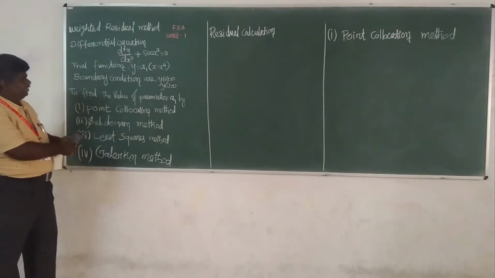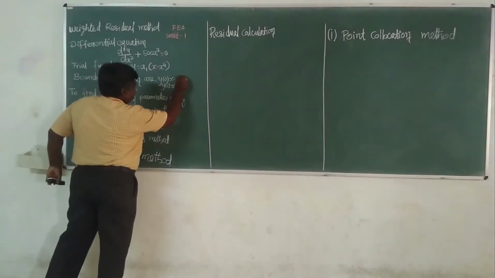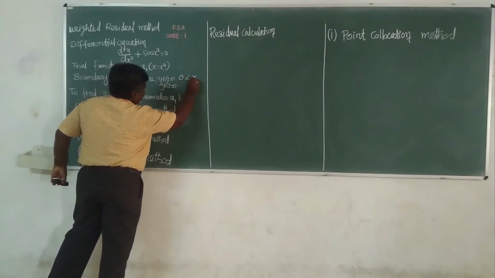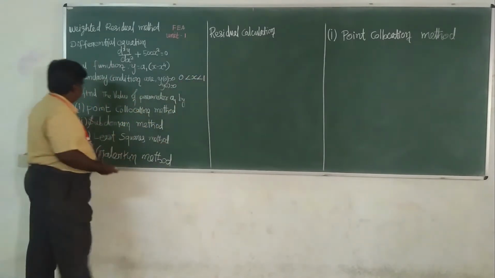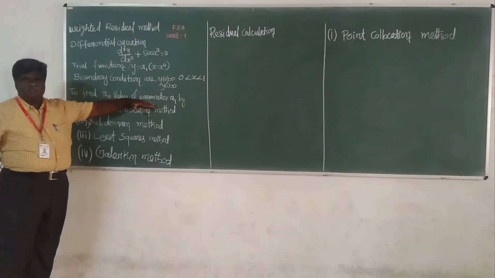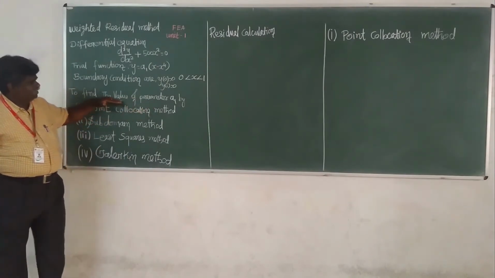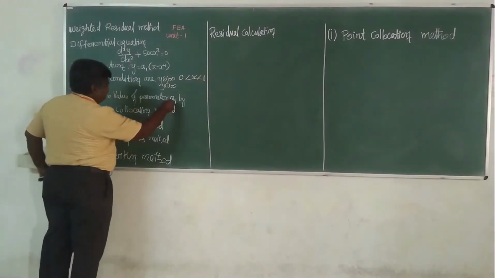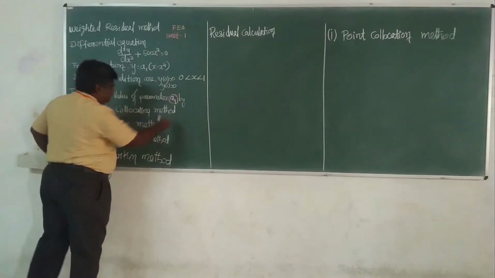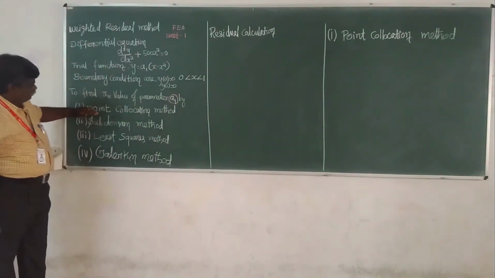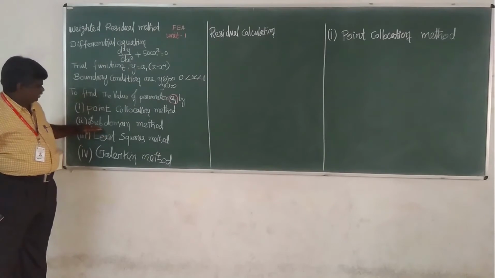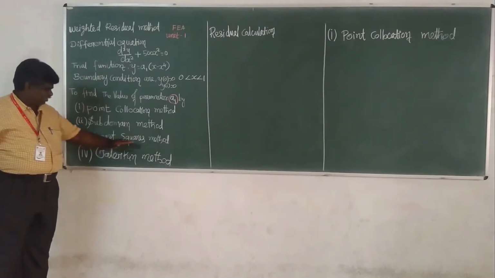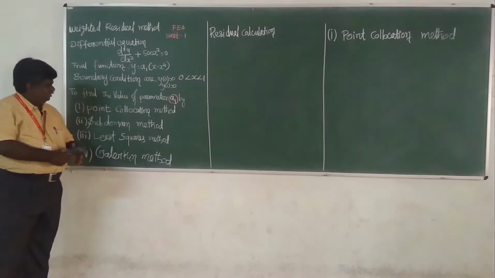The boundary condition is given, limit 0 to 1. The problem is asking to determine the value of the parameter a1 by using the point collocation method, subdomain method, least square method, and Galerkin method.